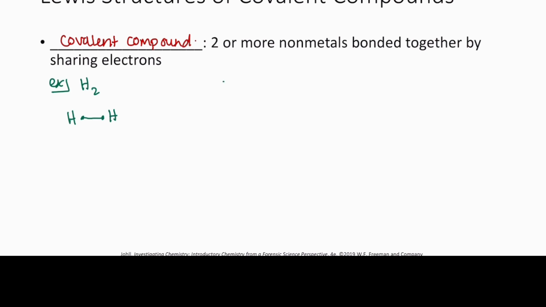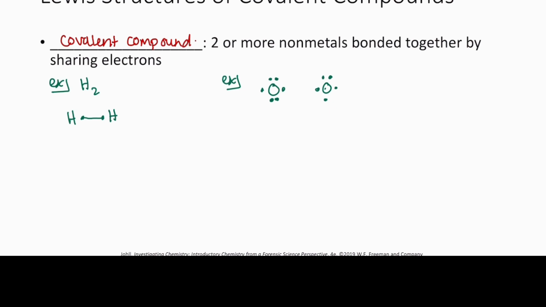If we look at another example for something like oxygen, oxygen is in group 6, so I'm going to have a total of 6 electrons around it.